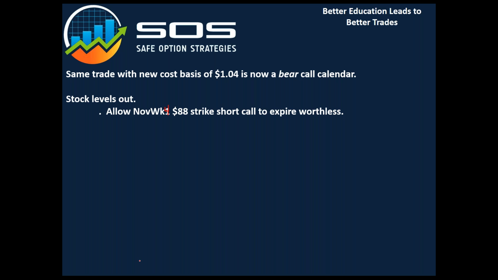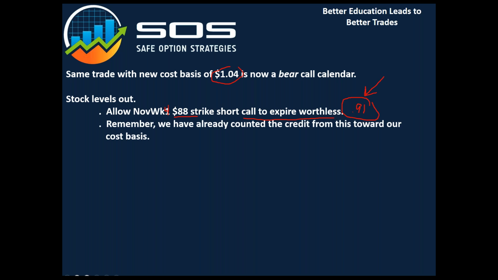It is so easy for people at this point in time. Remember how much we took in for this short call? The net that we took in was 91 cents. That was the net because we bought to close the other one, we sold to open this one. When this expires worthless, so many people want to subtract that again from their cost basis. And that's not the way it works. We have already accounted for this in adjusting our cost basis to $1.04.